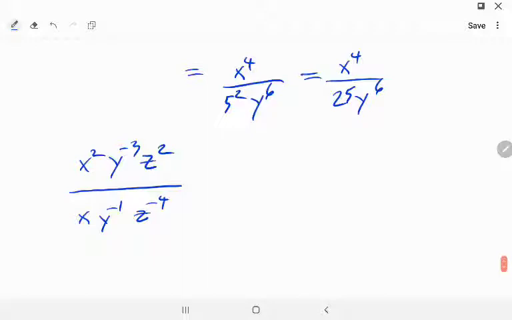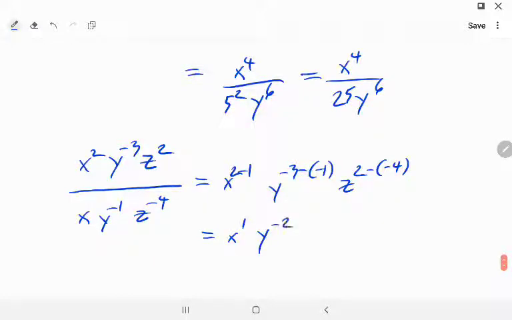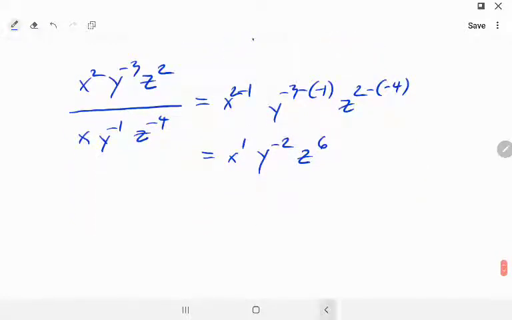We notice that worst case scenario, we could look at that as x to the 2 minus 1, y to the negative 3 minus negative 1, z to the 2 minus negative 4. That would give us x to the 1st, y to the negative 2, z to the positive 6, and so we'll get x z to the 6th divided by y squared.